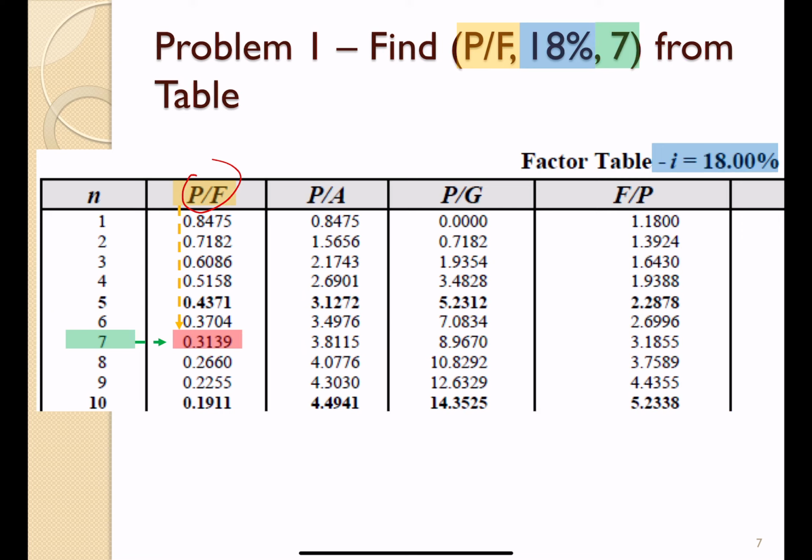That is the factor P over F at 18% and 7 years. That's similar to the other factors, P over A, P over G. We will touch on those later on, P over F, F over P, etc. So look for the interest table, exactly 18%, then the factor and the n, and you can find that number.